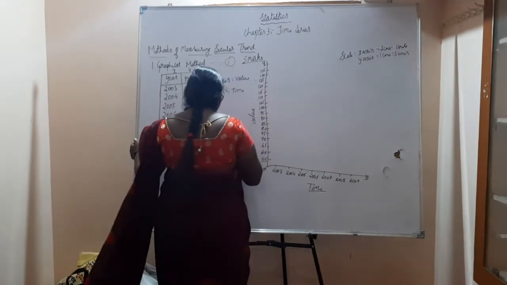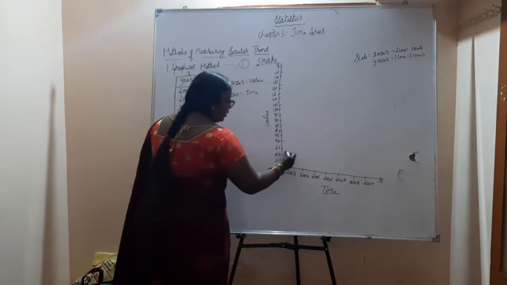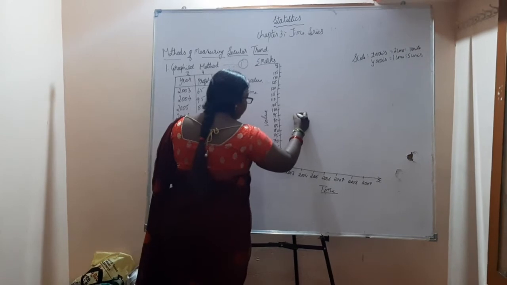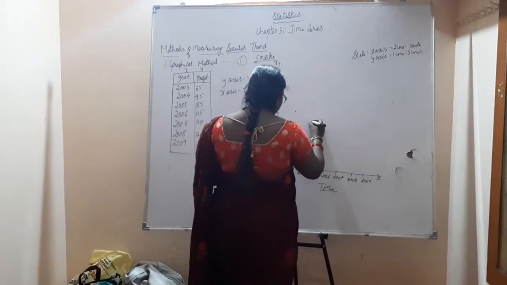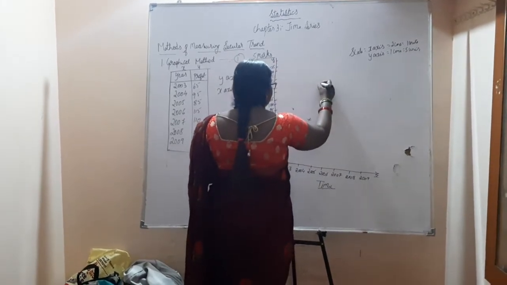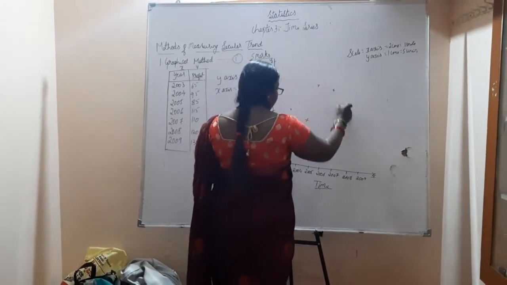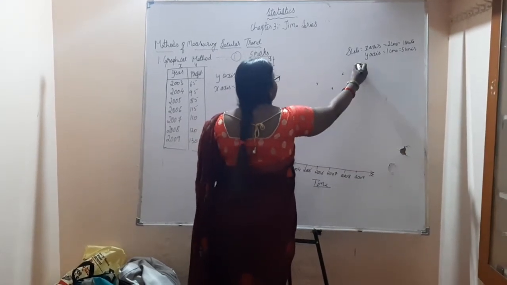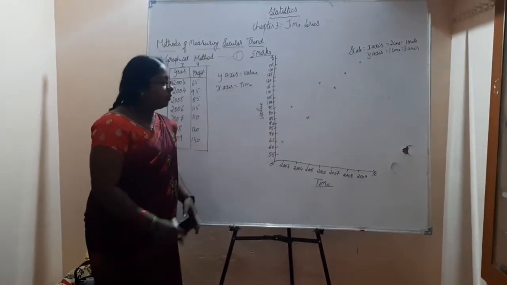Now I will plot the problem. For 2003 it is 65, then for 2004 it is 95, for 2005 it is 85, for 2006 it is 115, for 2007 it is 110, for 2008 it is 120, and for 2009 it is 130. On a graph sheet, plot according to your columns and draw.